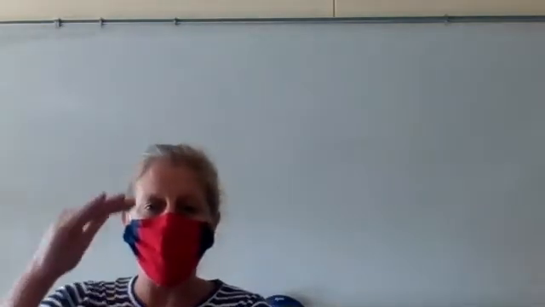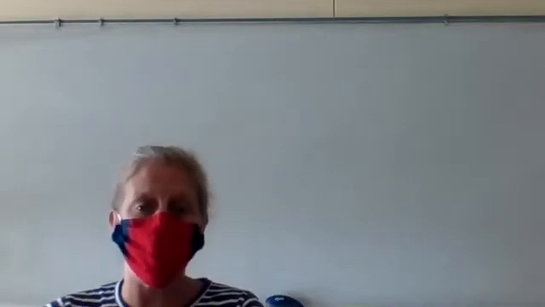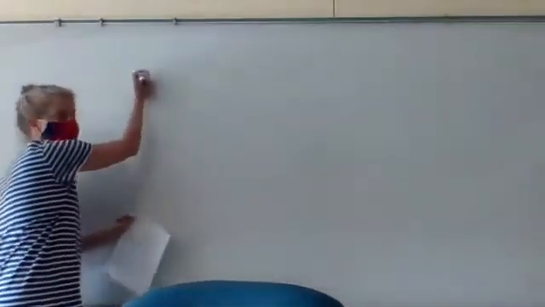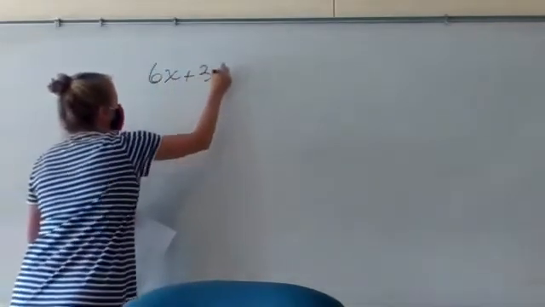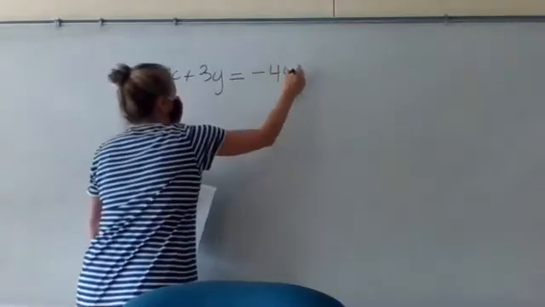So we're going to have 2 equations, and each equation is going to have 2 variables that you're going to be solving for. Okay, so number 1 looks like this: 6x plus 3y equals negative 45.